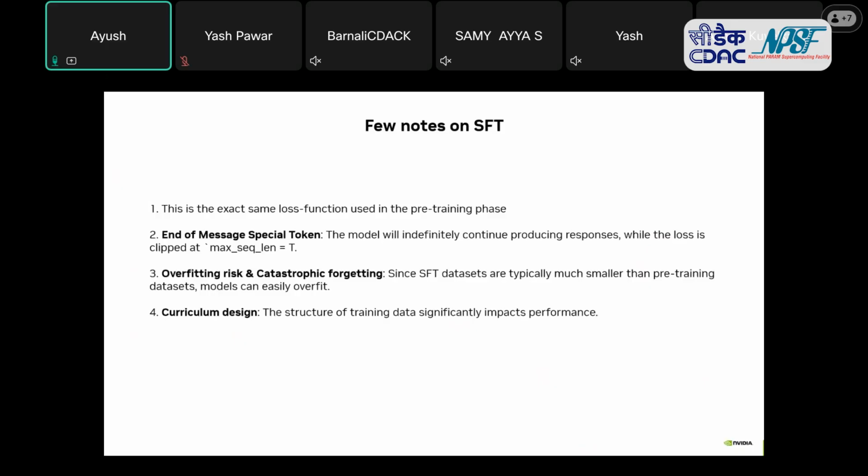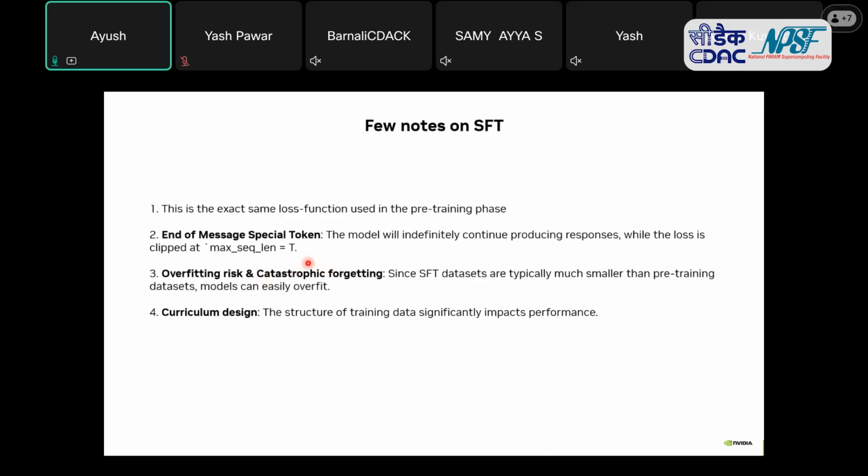This means that the model needs to be taught to produce the full answer. Let's say you have an answer containing T tokens, so the model should predict the complete answer up to T tokens. The idea is, how does the model know when to stop, right? Because the model doesn't know a priori that it has to generate T tokens.